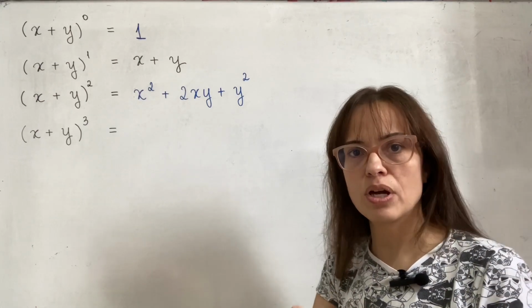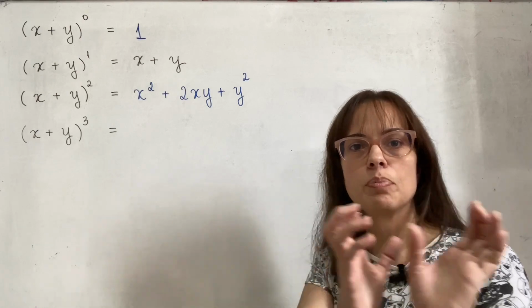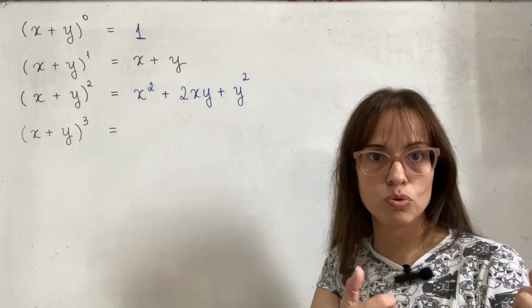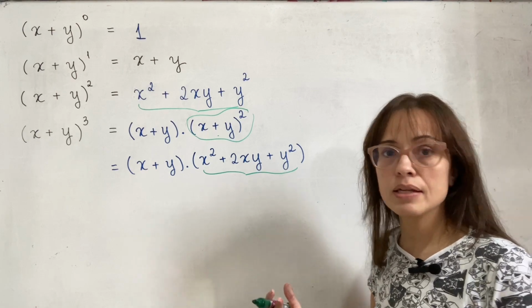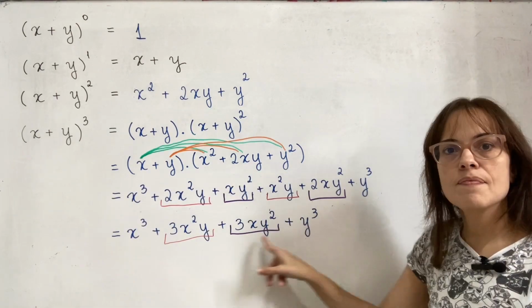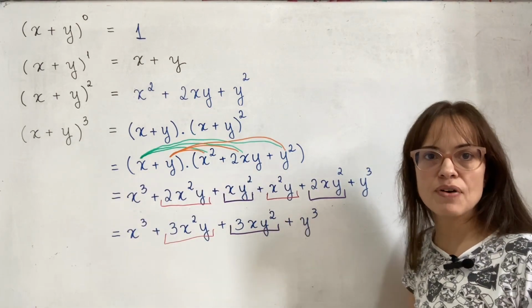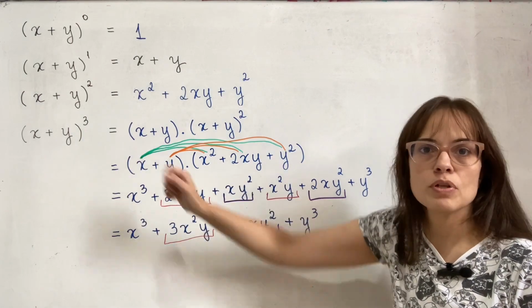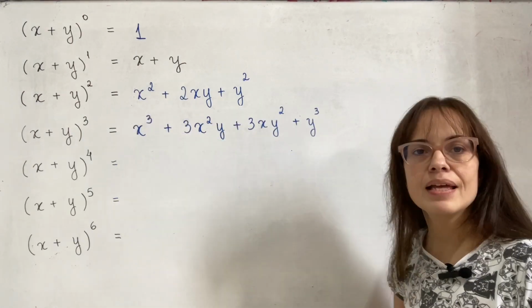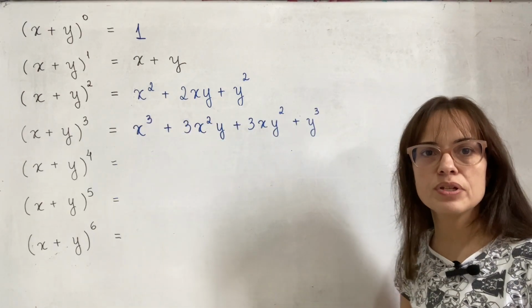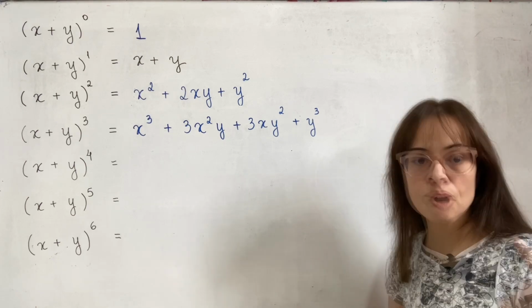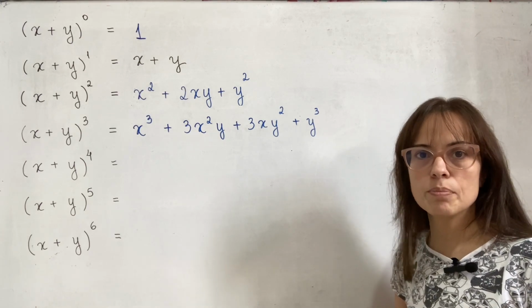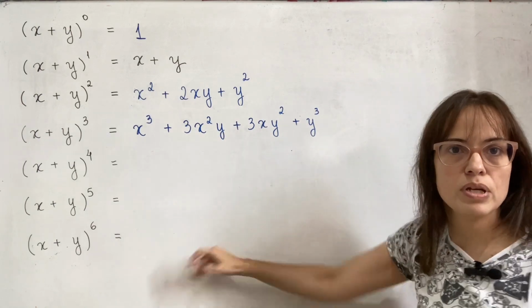Instead, you're going to write it 1 time and then multiplying by the power of 2 that you already had before. And now I want to do the distributive again, but with these terms. And this line over here is the final answer for x plus y to the power of 3. And now I want you to pause the video and keep going with this exercise in the exact same way. Pause the video and go do that. When you come back, I'm just going to have all of these 3 answers here.